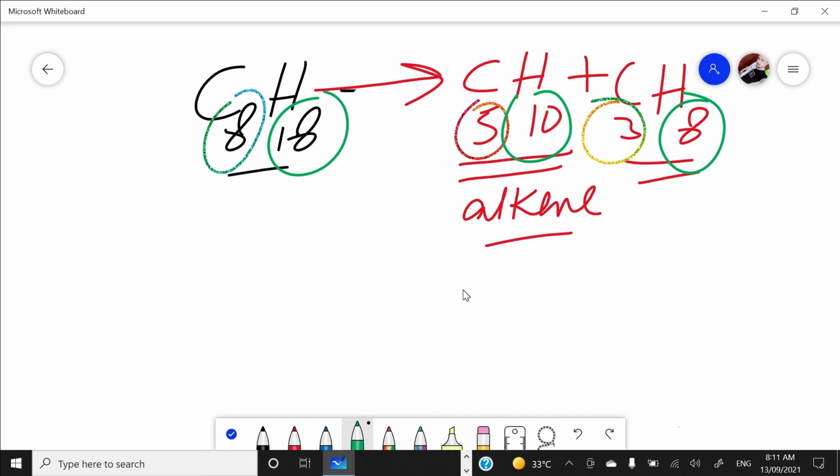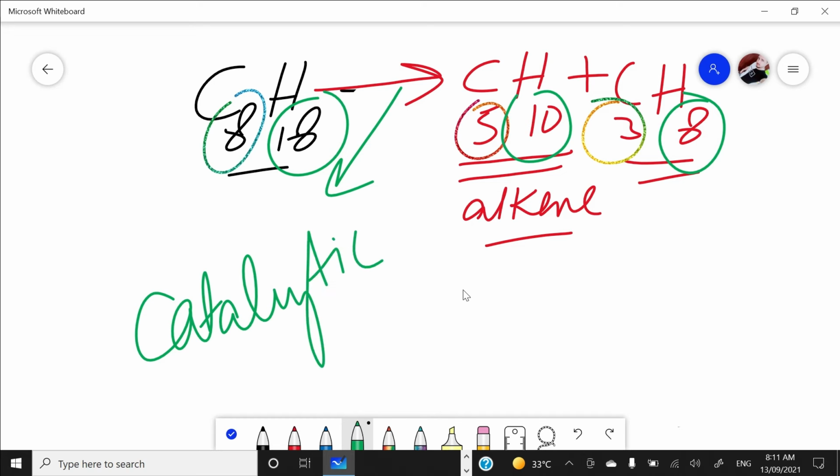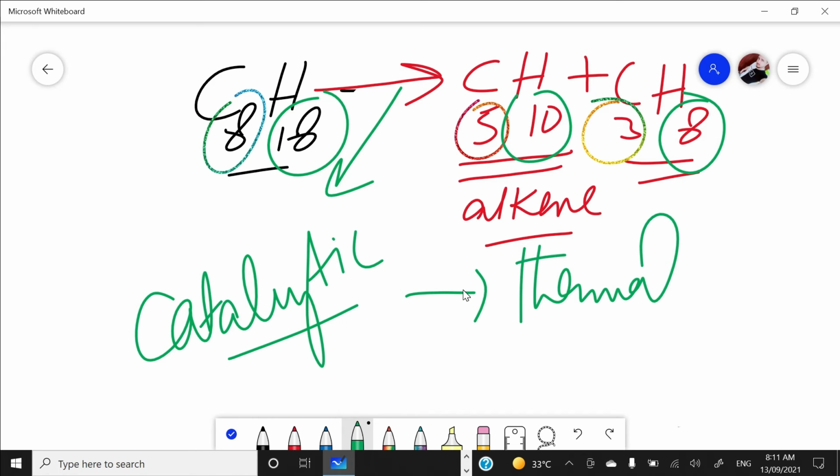It can be catalytic cracking or it can be thermal. Right? And can someone tell me the conditions? What was the condition needed for cracking purpose? Last time we had a little bit of discussion about it.